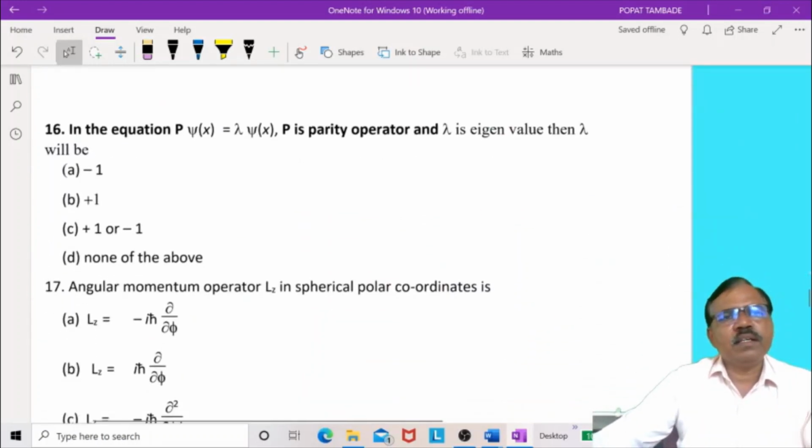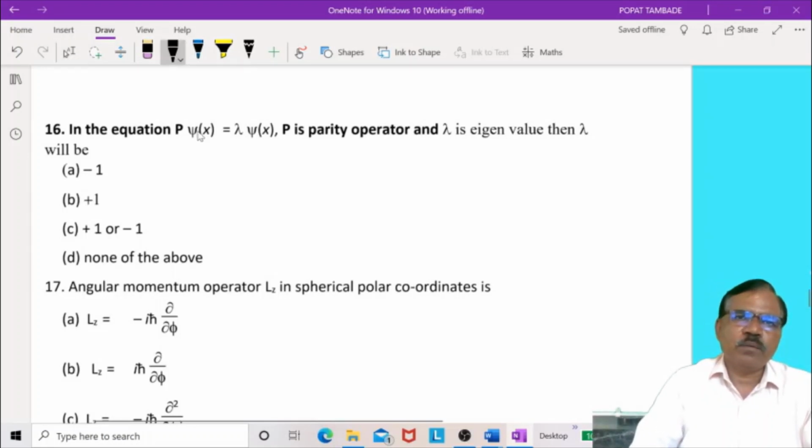Now in the next one, in the equation P operating on psi of x is equal to lambda psi of x, where P is the parity operator and lambda is the eigenvalue, then lambda will be equal to.